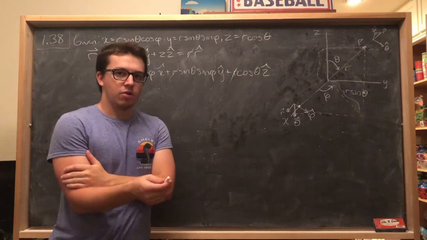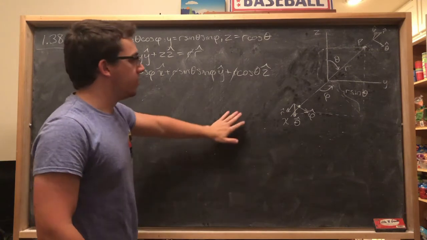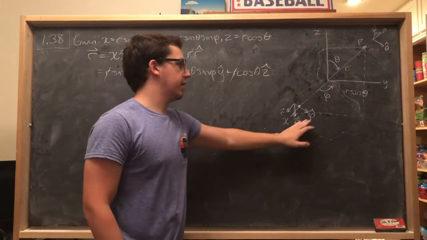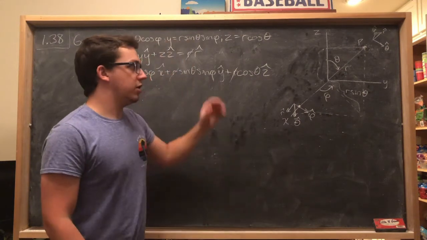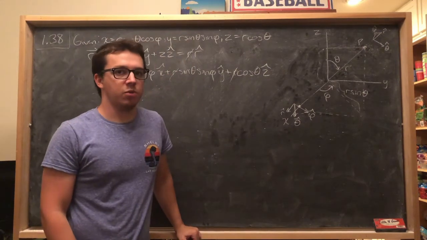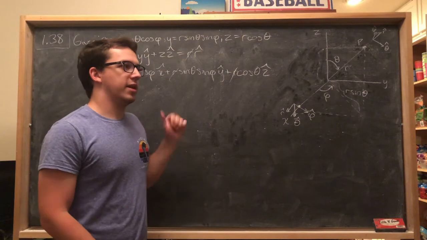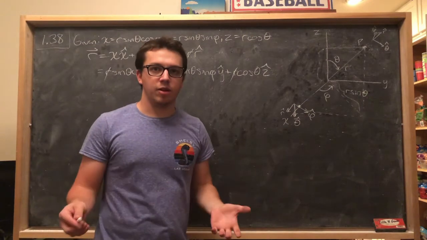Now let's think of another way to calculate this. There are a number of ways that you could calculate r hat, theta hat, and phi hat. You could just use trigonometry, for example. I'm going to do a method that's a little bit more analytically approachable.